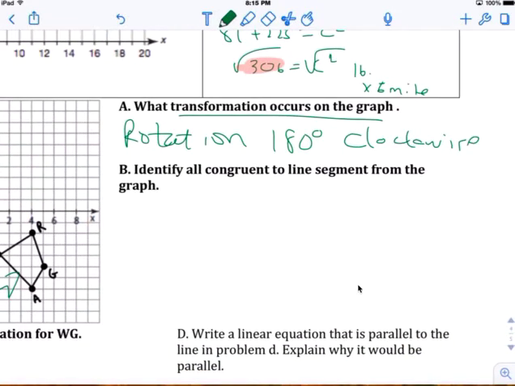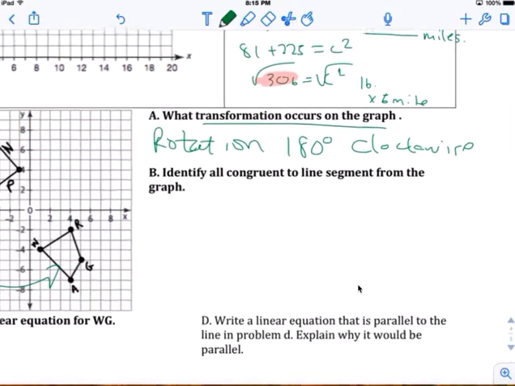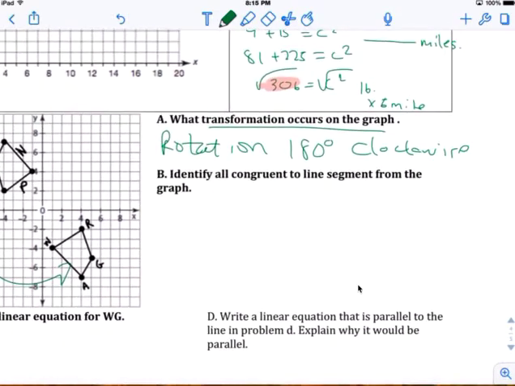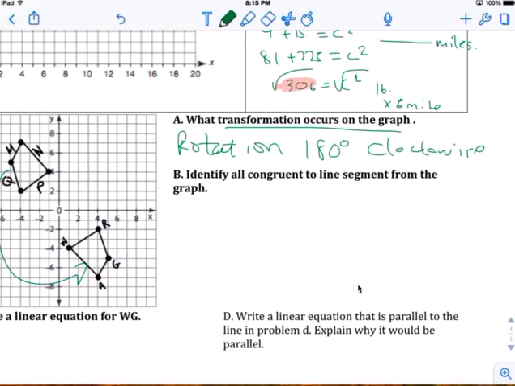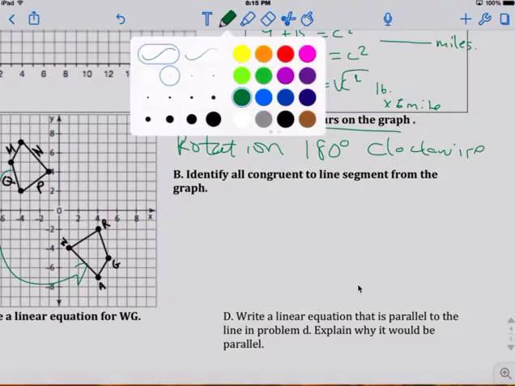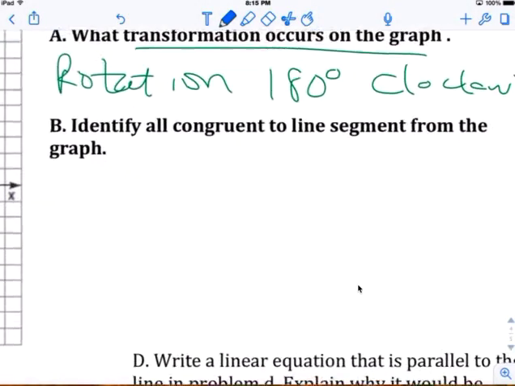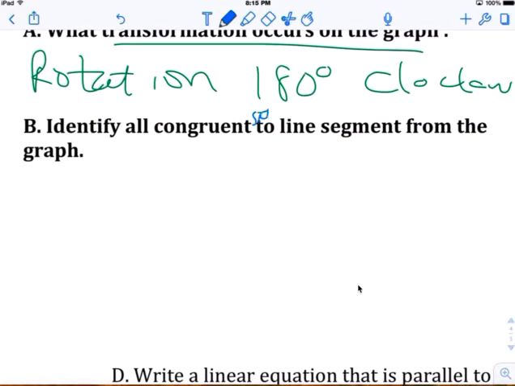Next, identify all congruent sides to the line segment from the graph. Congruent sides, I wrote it wrong. Identify all congruent sides to the line segment from the graph.